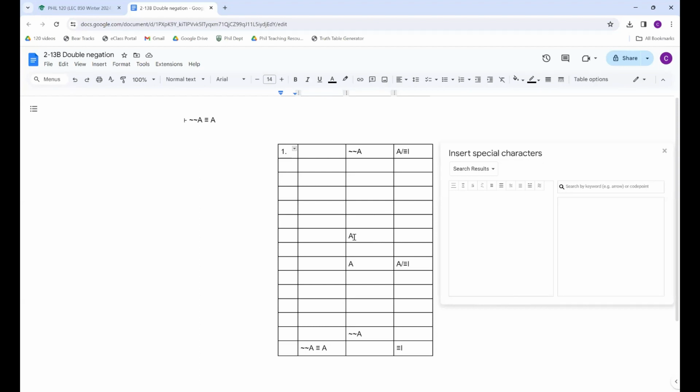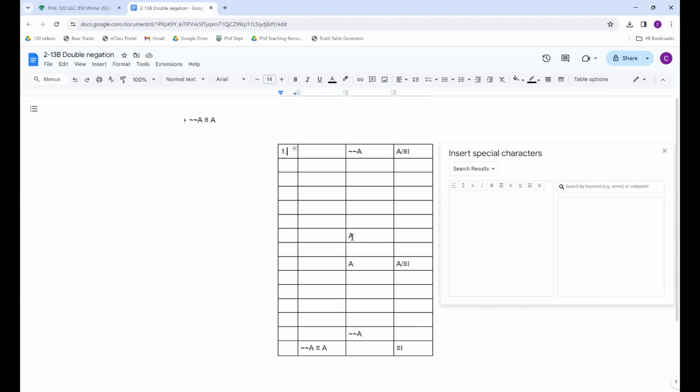You assume the opposite of your goal sentence and try to prove a contradiction. So in this case, we would assume not A, and then we would try to prove a contradiction.